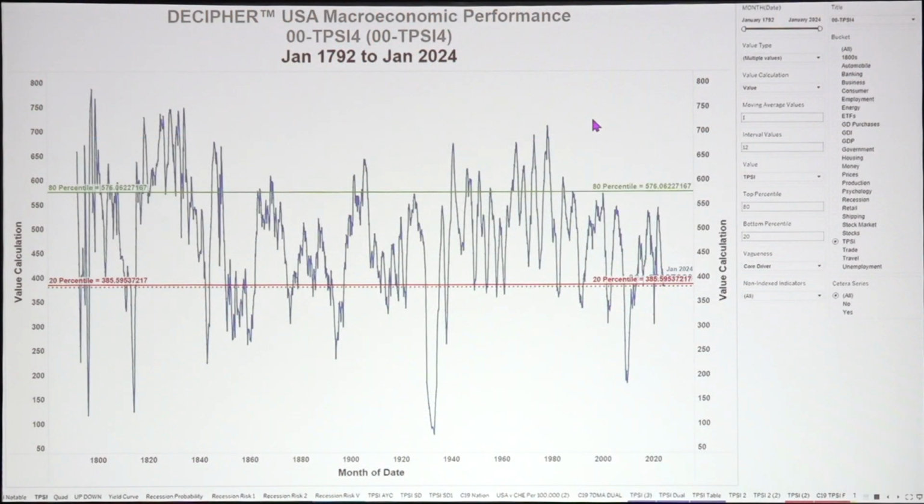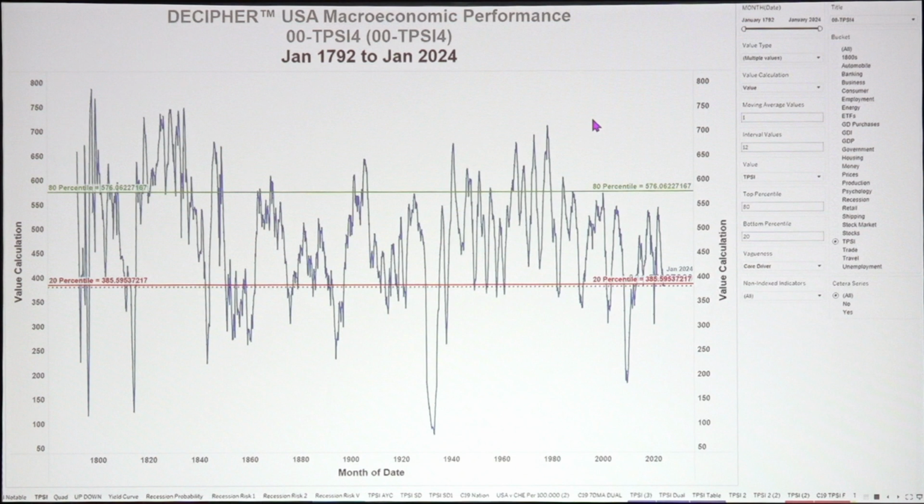Now, one thing I can tell you about trends and cycles, whether it's economic, social, or psychological, is that everything in this world pretty much behaves in a cycle. The cycles that have occurred since 1792 to today, it's almost like clockwork.